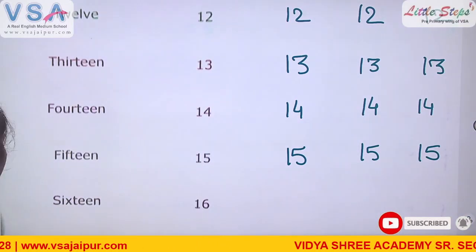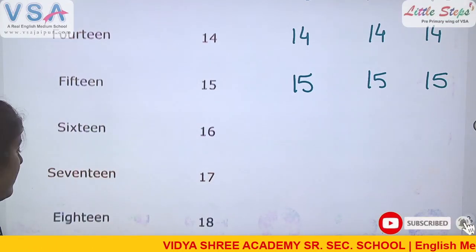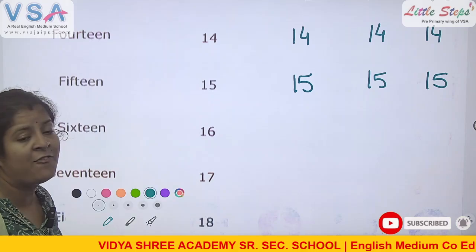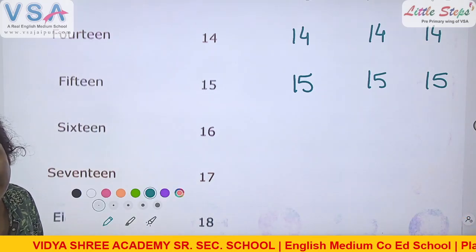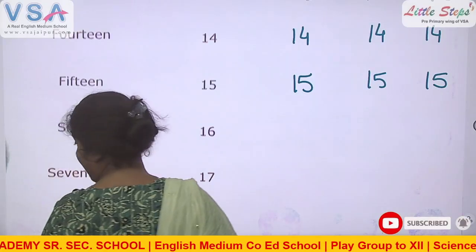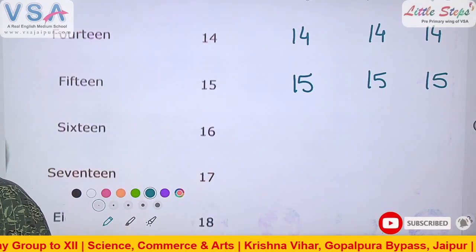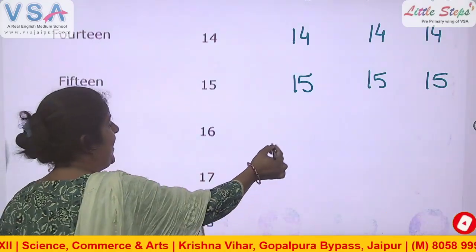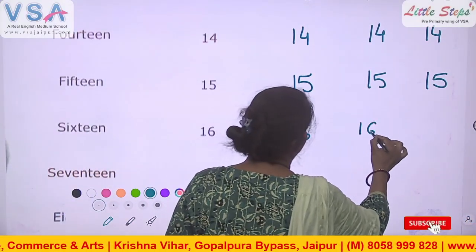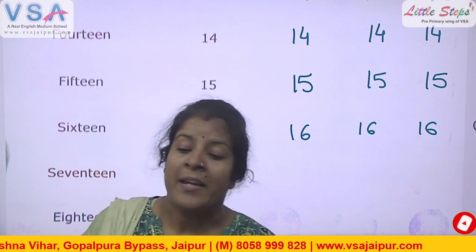What is the spelling of 15? F-I-F-T-E-E-N, 15. Next number 16. 1, 6. And what is the spelling of 16? S-I-X-T-E-E-N, 16.